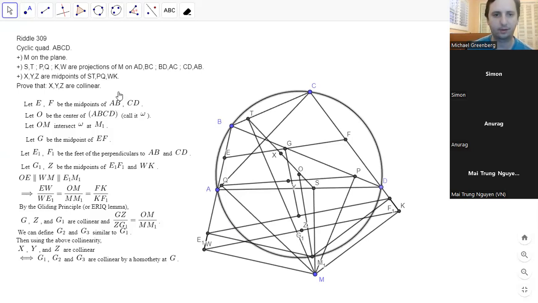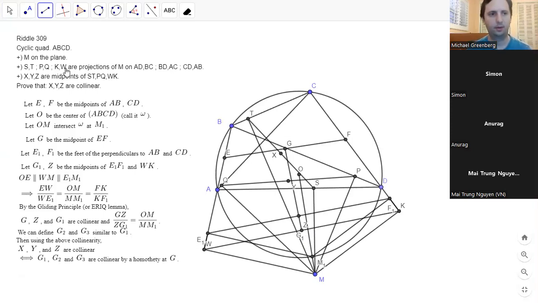Maybe something like this. And so now we could do everything with M1. So OM1 and M, and sorry, draw this. Okay. So I don't know why it won't let me draw that.